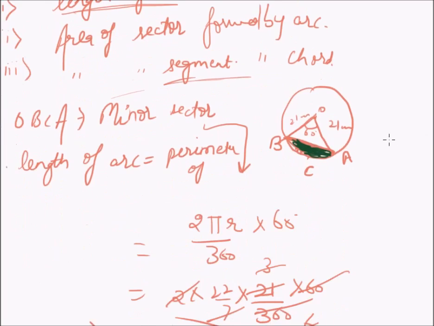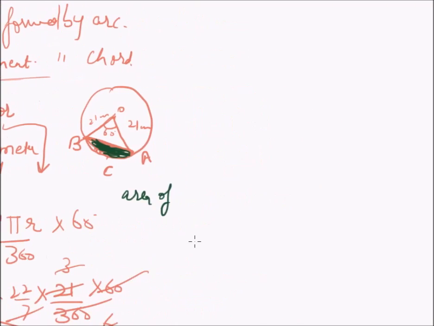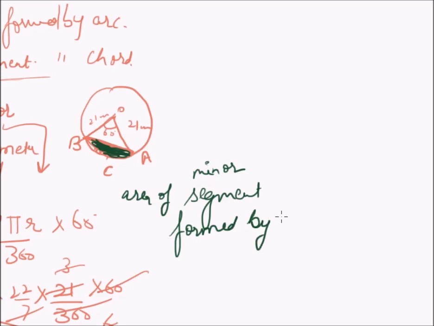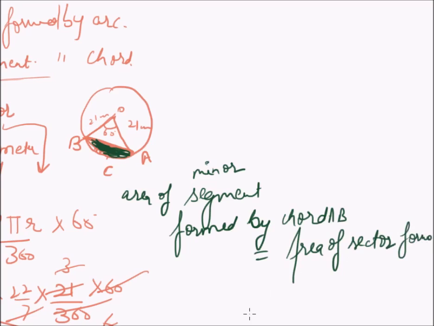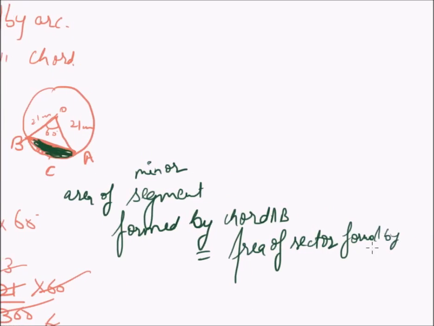So, what is this area? The area of minor segment formed by chord AB is area of sector formed by arc ACB, this arc, minus, now this area that we have said here is the total area, that is this particular area, minus this area.